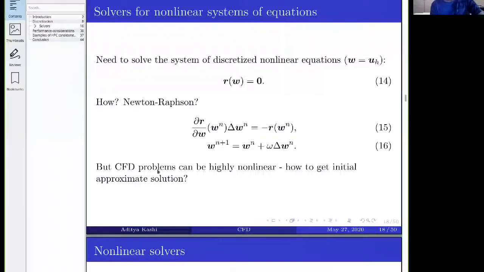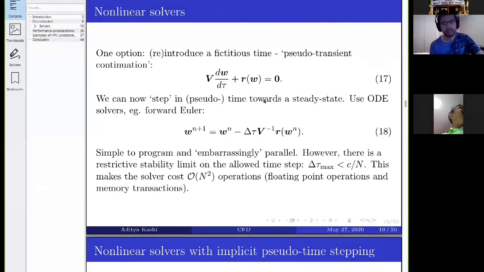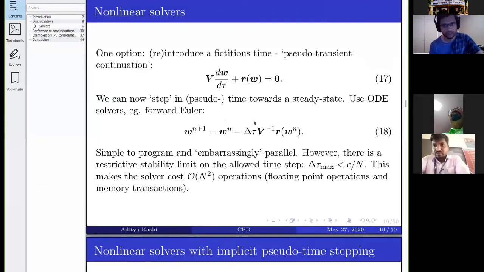We compute the Jacobian matrix, and at every step of Newton-Raphson, we solve this linear system, and then we can just simulate this for a long time until the solution stops changing.